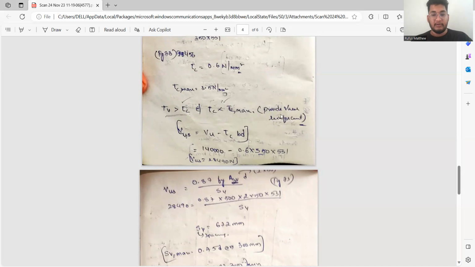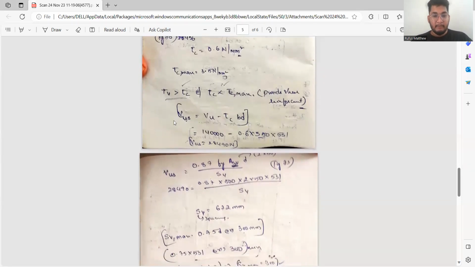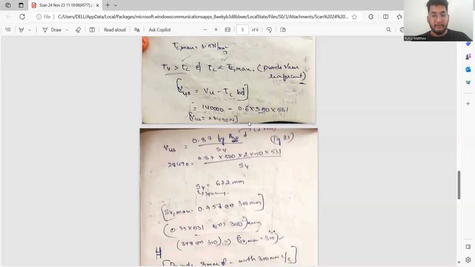Where we'll have a statement here: tau V is greater than tau C and tau C is less than tau C max. If the statement is correct, then we will provide shear reinforcement. Then VUS equal to VU minus tau C BD is the formula, which gives us 140,000 minus 0.6 into 350 into 531.